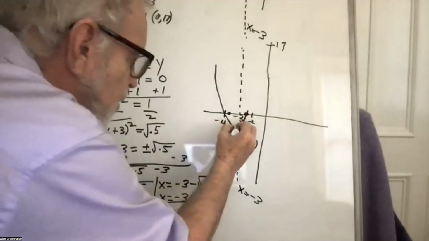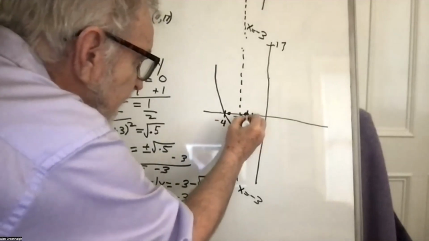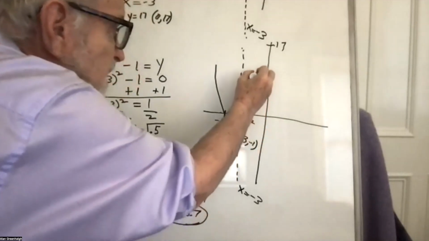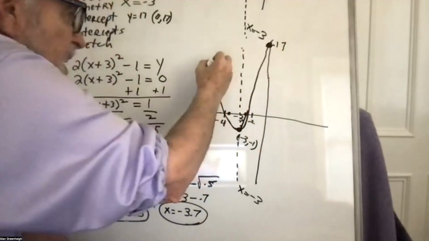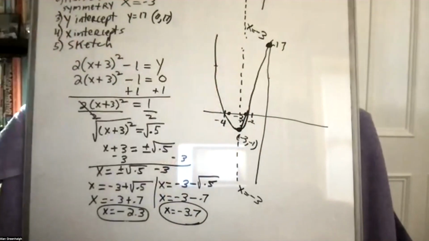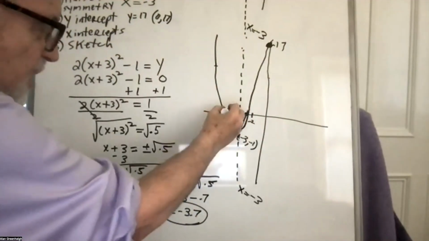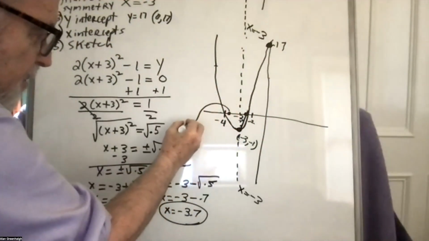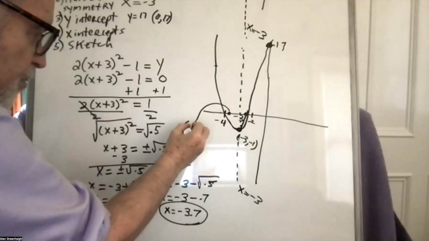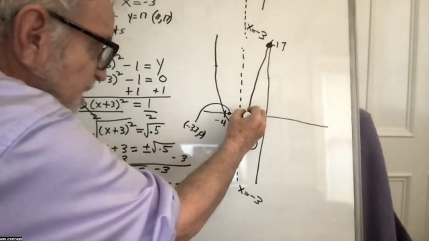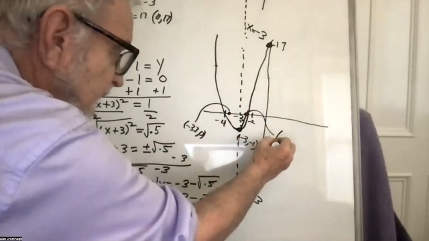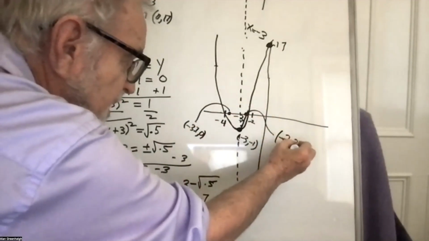It's really curved. It curves around like this, and it goes up like that, and eventually it does intersect 17. And this is what the graph looks like. This is one of the x-intercepts at negative 3.70, and this is the other x-intercept at negative 2.30.